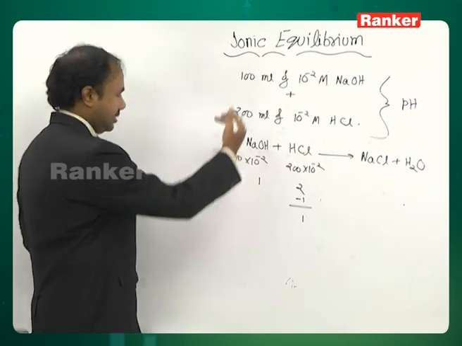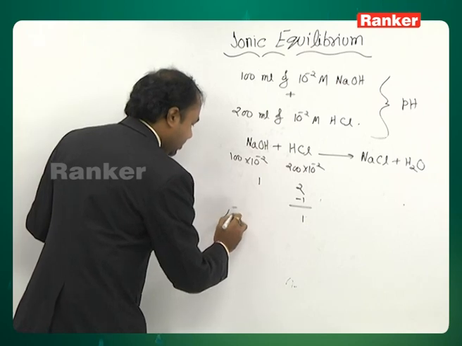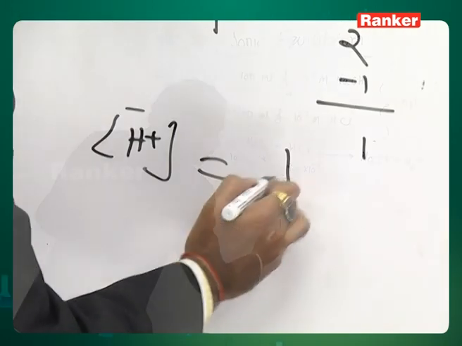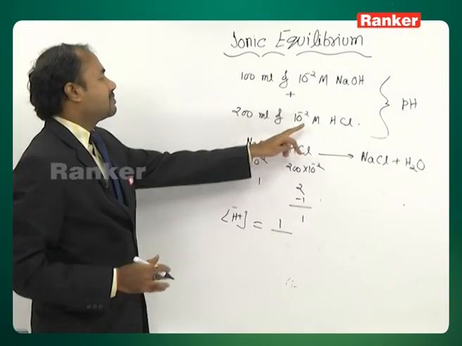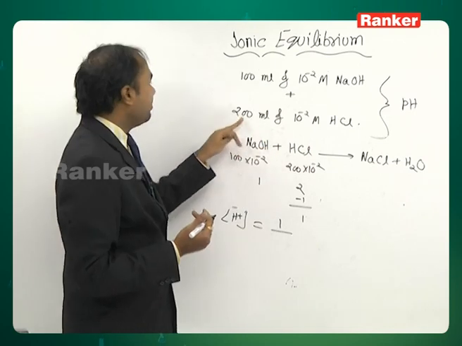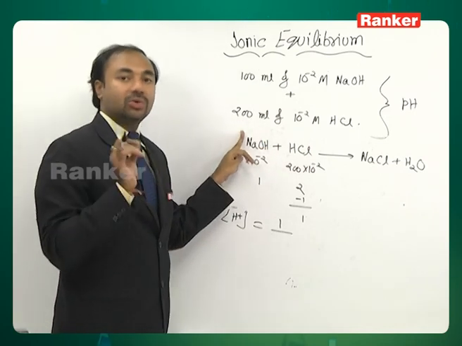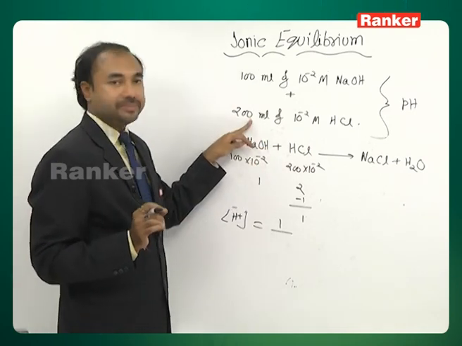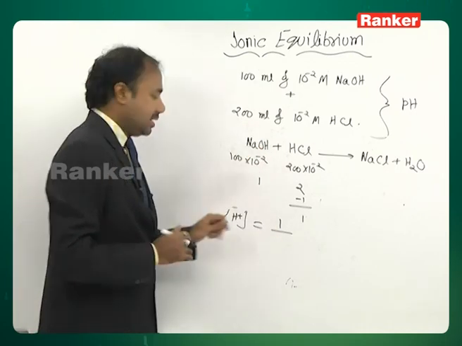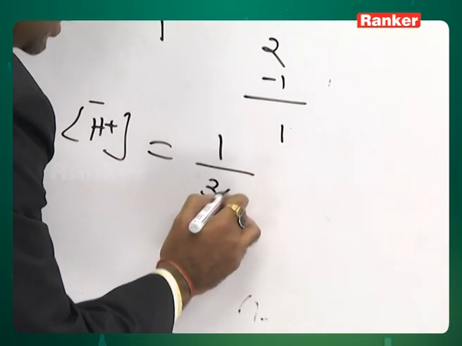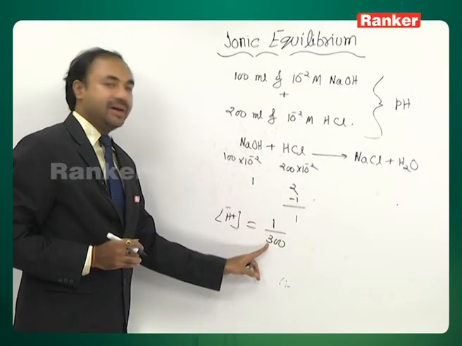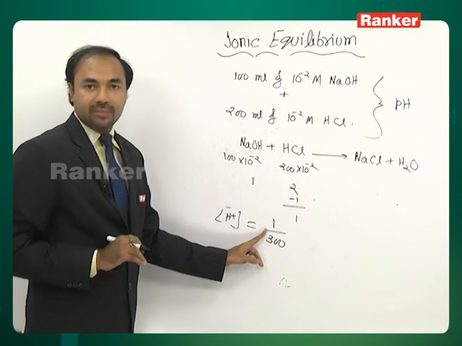Concentration of H plus ion in this solution will become, note one thing, that although initially HCl was present in 200 ml solution only, you mixed it with 100 ml, so the total volume of the solution now is 300 cc. So this is 1 millimole divided by volume, which is 300, and we get H plus ion concentration, 1 by 300 moles per liter.